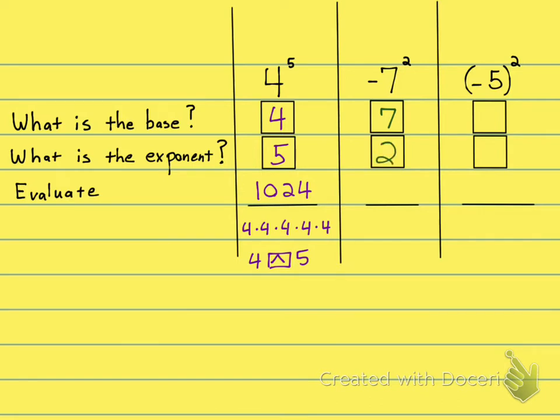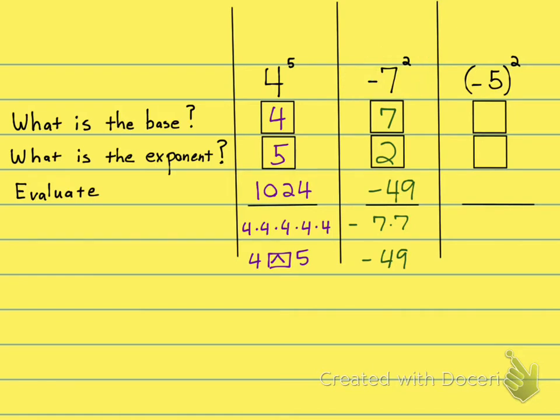And to evaluate this, it's going to be the opposite of 7 times 7, which is negative 49. And if you punch this in your calculator, if you hit negative 7 squared, it is going to tell you negative 49.